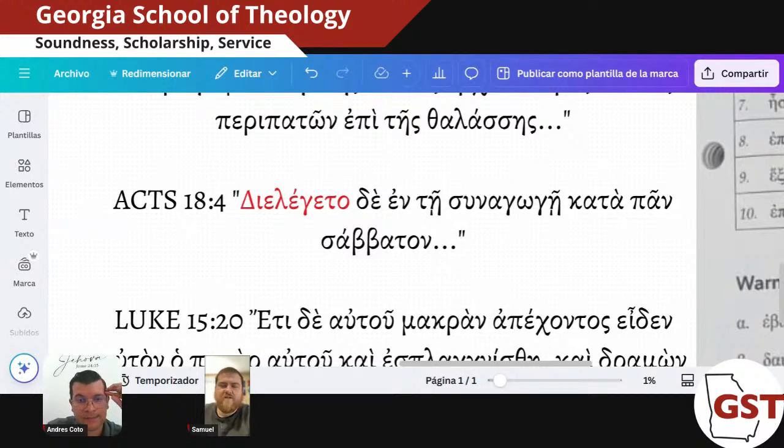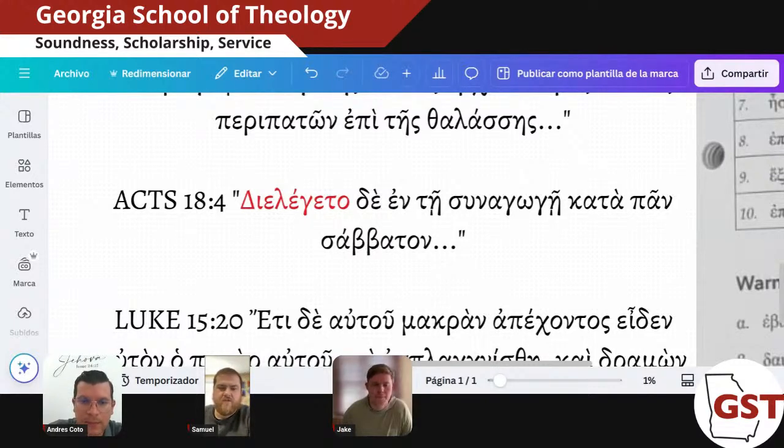Yeah, that's so cool because it's not that he just reasoned and he was done with it. He was continually reasoning. He was continually arguing, not arguing like we would use it, but I mean reasoning with them. It's the same thing with what we just learned, as far as he was continually in the beginning.